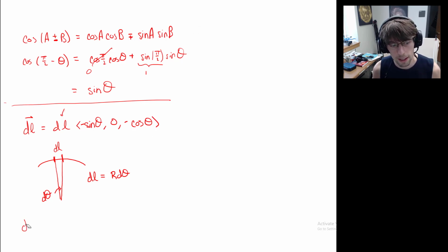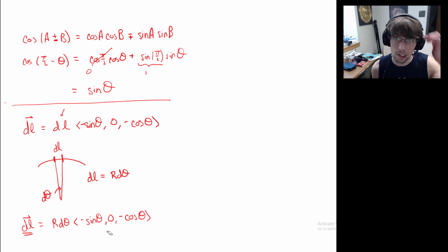So at the end of the day, we have now turned the direction of our current flow into, right now we've taken our generic DL and we've turned it into an expression for this problem.